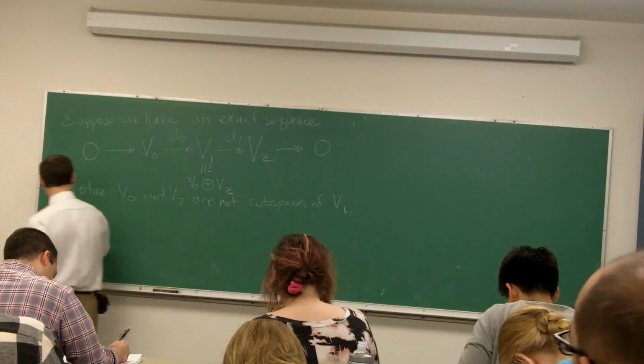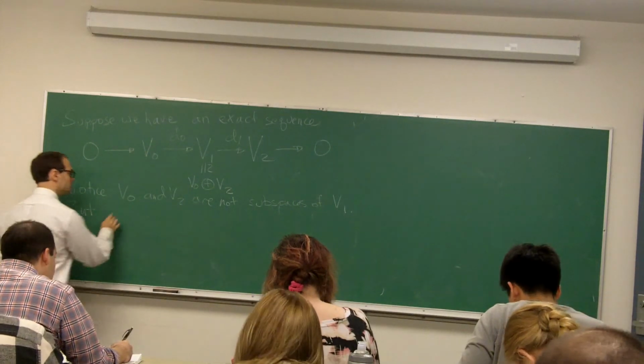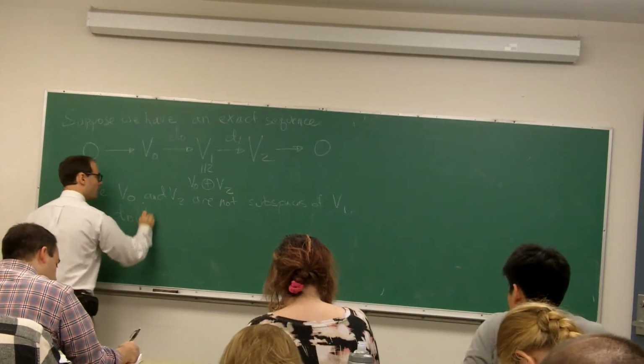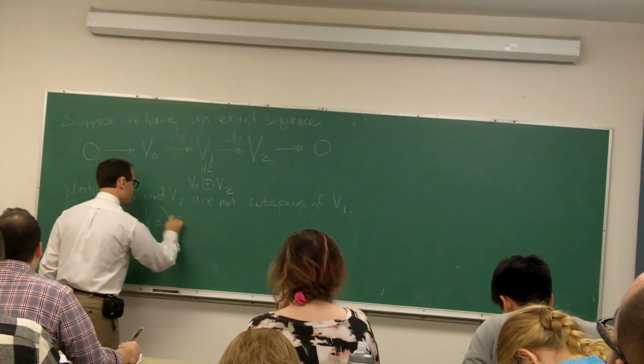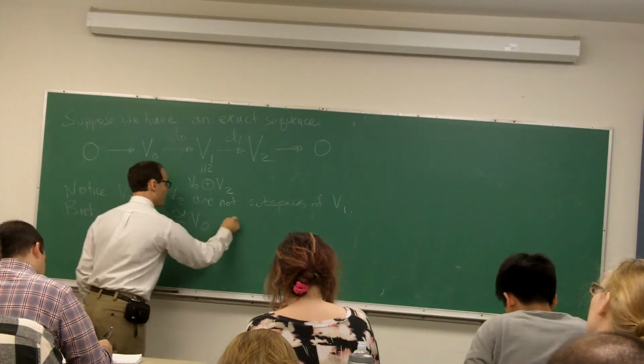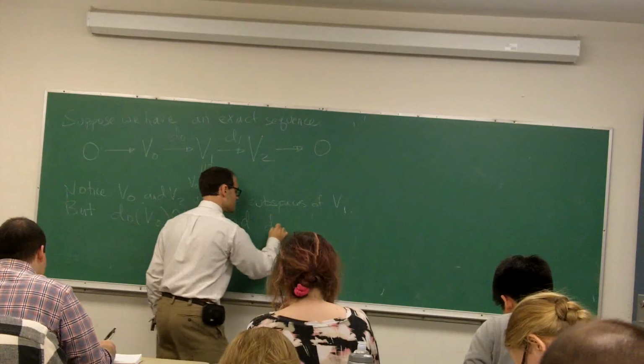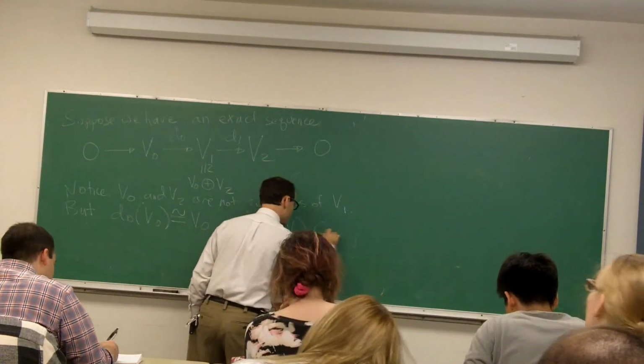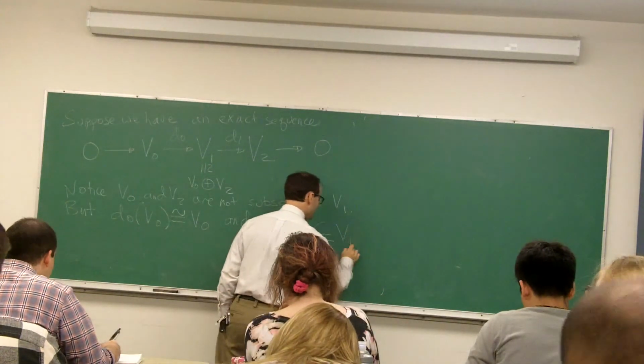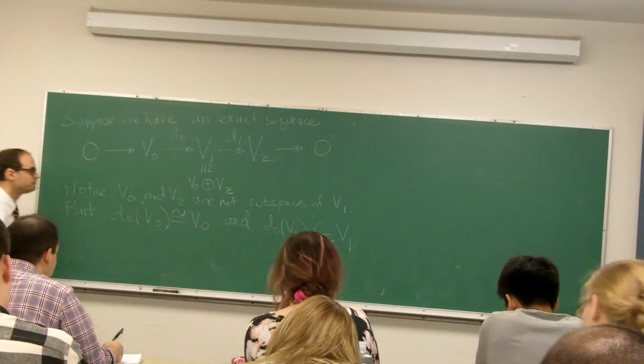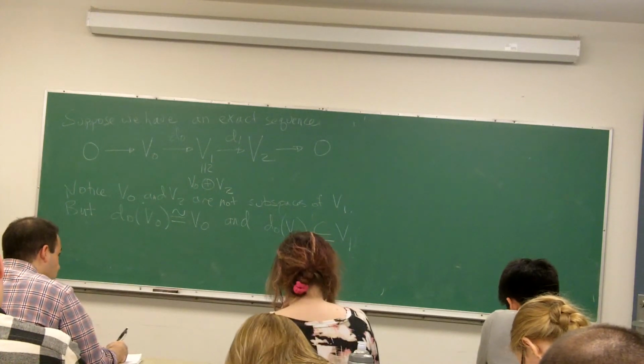But (0, V0), it's isomorphic to V0, and (0, V0) is a subspace of V1.